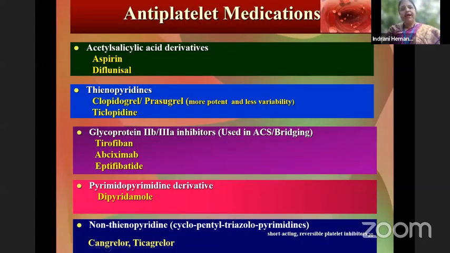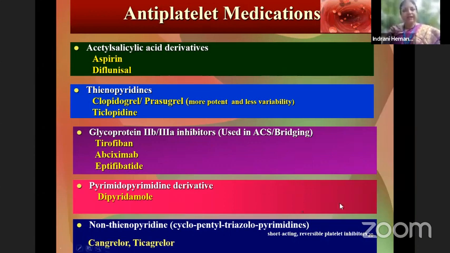Now we're coming to antiplatelet medications. What are they? The first one is acetylsalicylic acid, aspirin, and diflunisal. Aspirin binds to cyclooxygenase and impairs thromboxane A2 and prostacyclin PGI2 synthesis, disrupting the platelet aggregation.